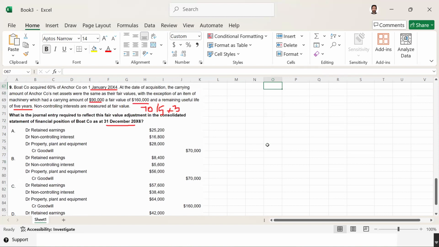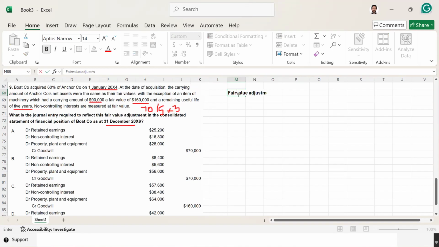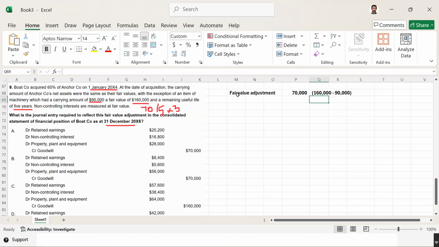Okay, so let's see. We have the fair value adjustment, which is 70,000. How have we calculated it? The fair value has been 160,000 for an item that had a carrying amount of 90,000. That's the fair value adjustment.